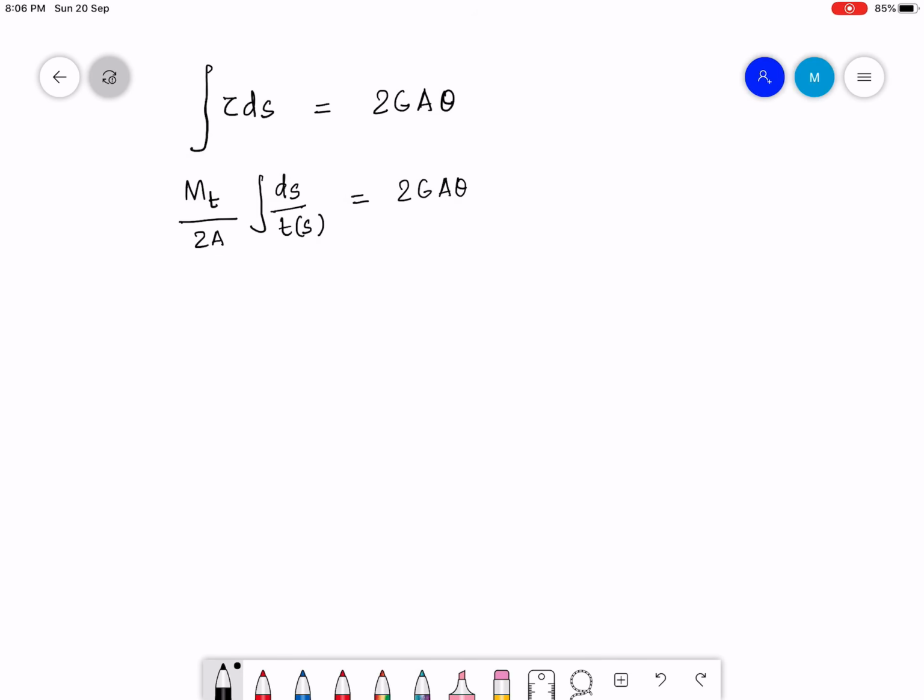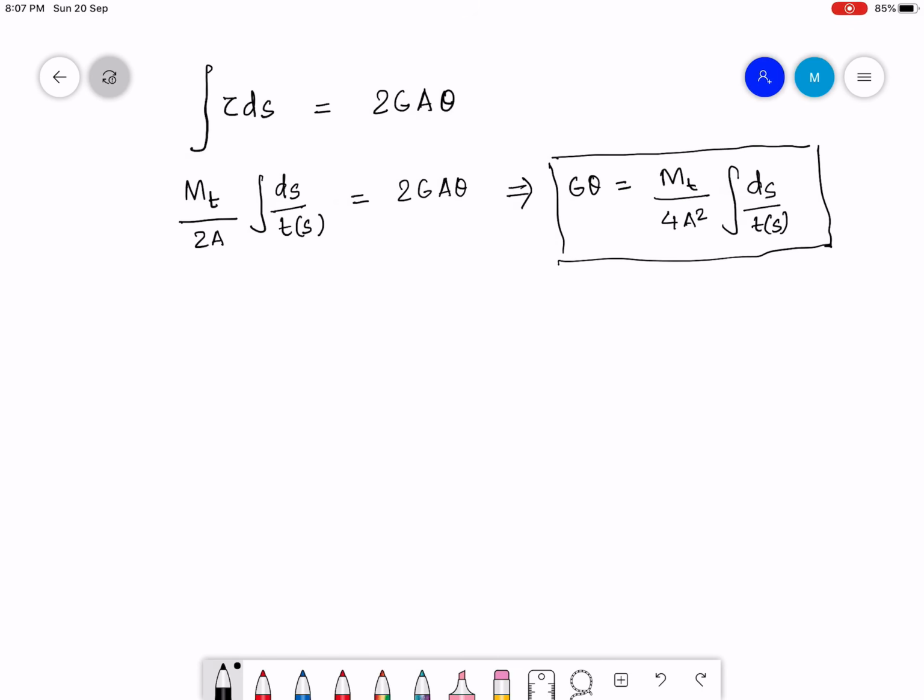Therefore G theta can be written as M_t by 4A squared, times the integral of ds by t. This relation is going to give me the torsional rigidity as well.